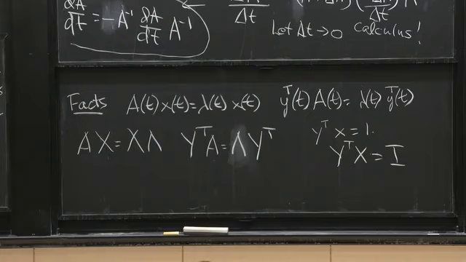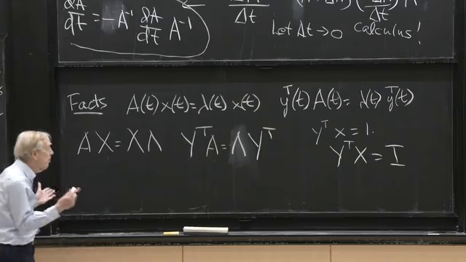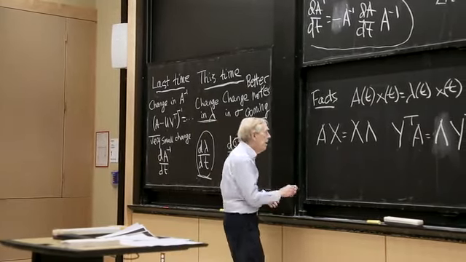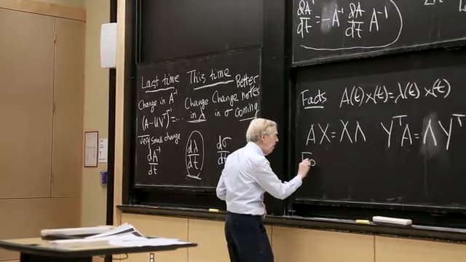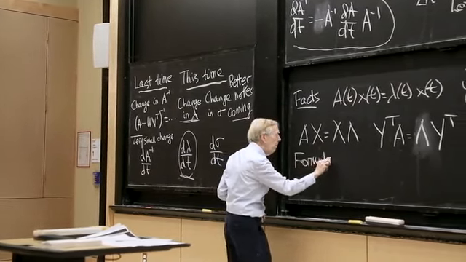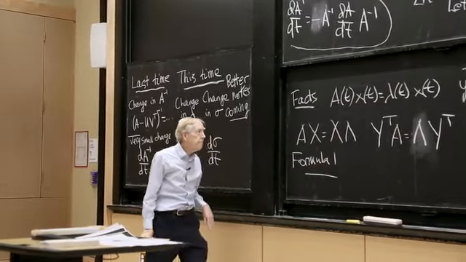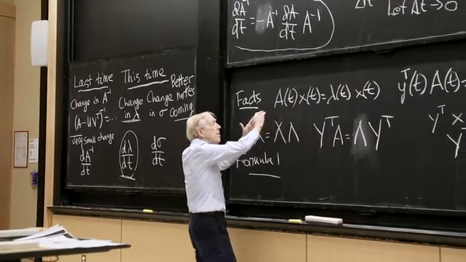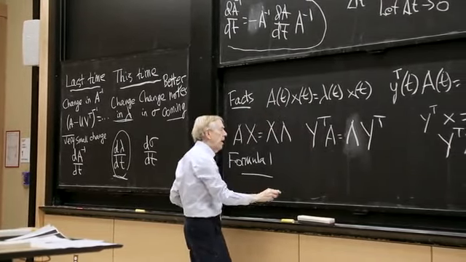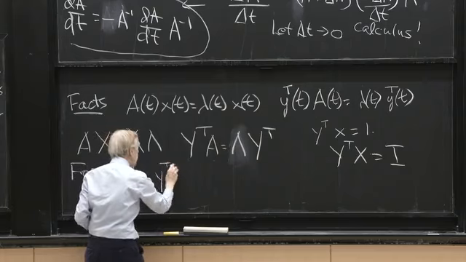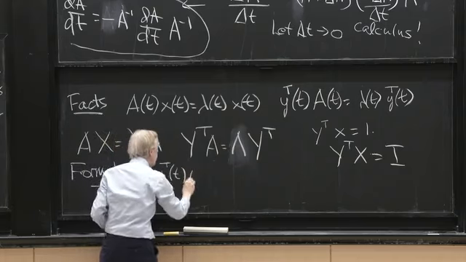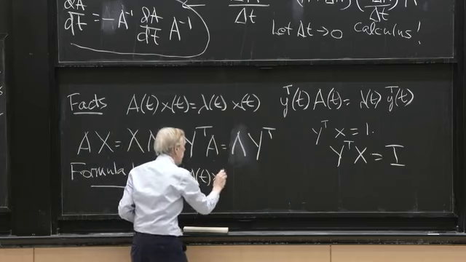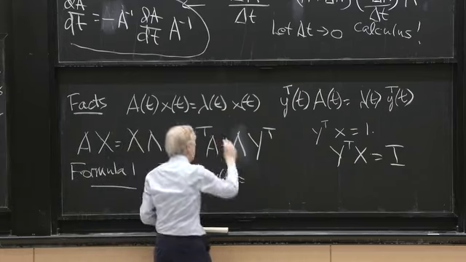And now I plan to take the derivative with respect to t. Oh, okay, I can derive one more fact. This is formula 1. Formula 1 just says, what do I get if I hit this on the left by Y transpose? Y transpose of t, A of t, x of t equals lambda of t.